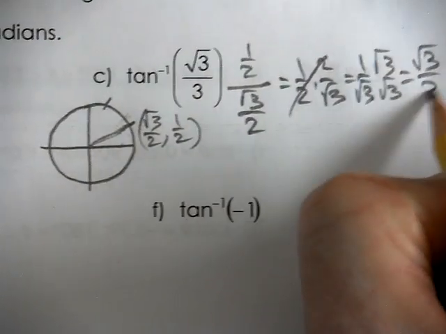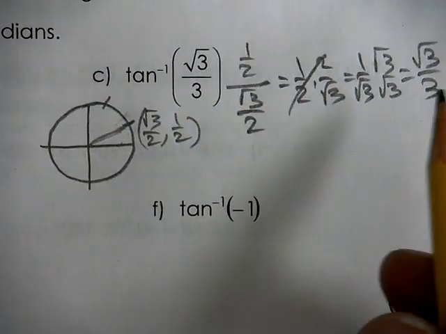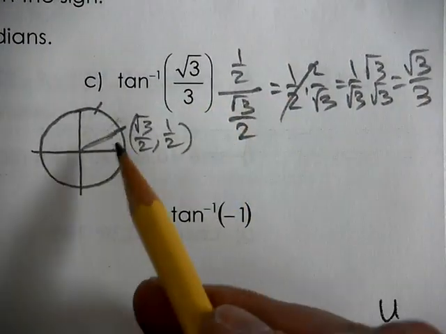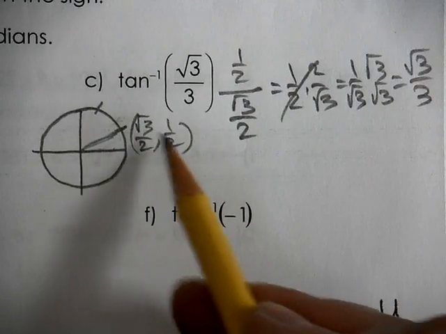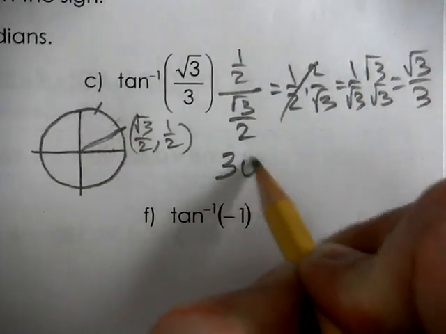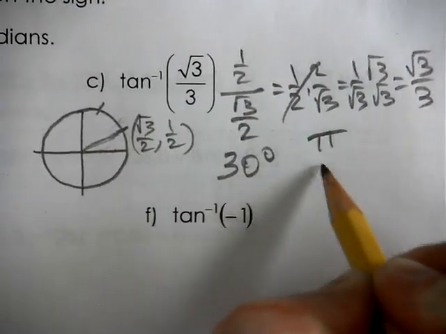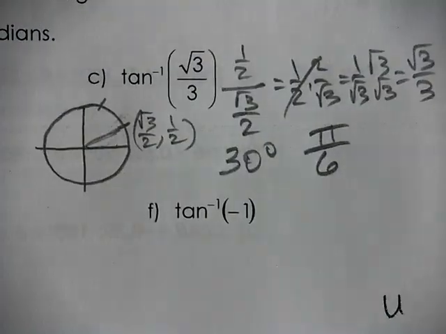So we get root 3 over 3, and that's what it was asking. When did we get that? We got that at a 30 degree angle, otherwise known as pi over 6 radians.